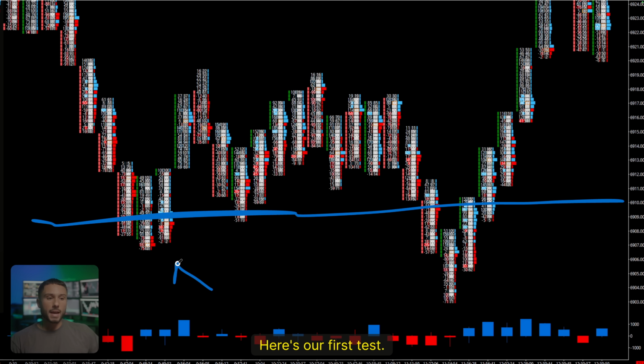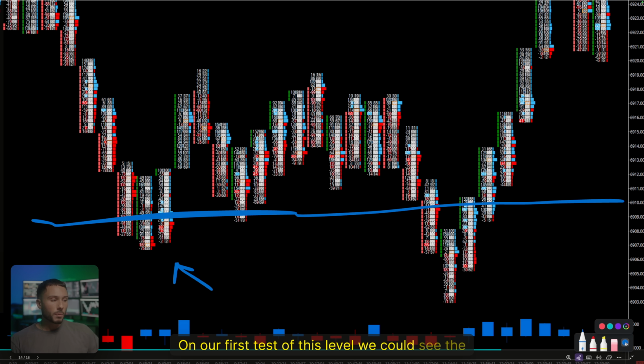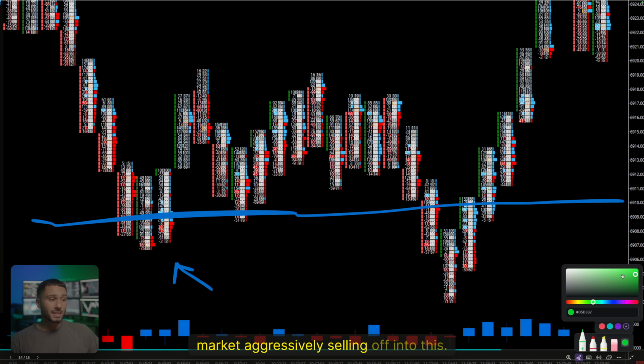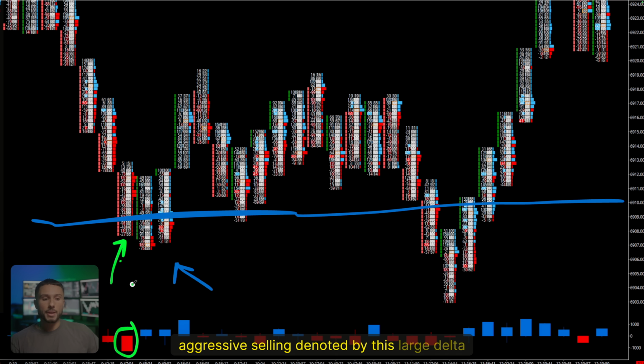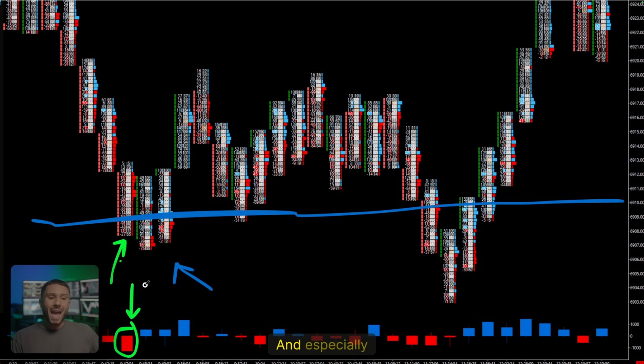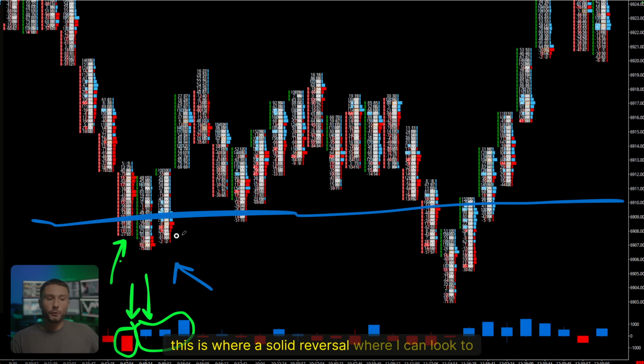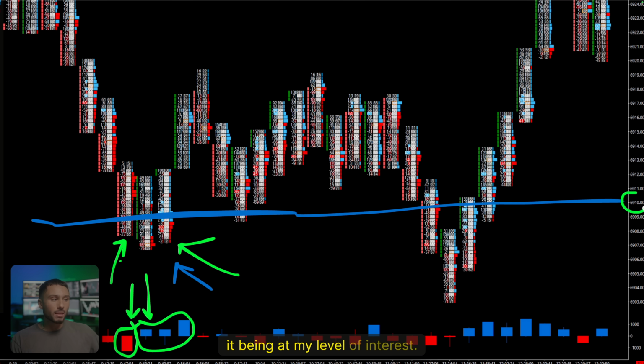Here's our first test. On our first test of this level, we can see the market aggressively selling off into this, denoted by this large delta right here. When I see a lot of delta or a lot of volume coming into the market and there's no downside follow through, and especially when the opposing participants come into the market, this is where I can look to play a solid reversal along, especially with it being at my level of interest.